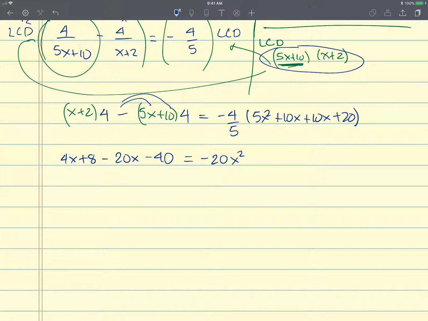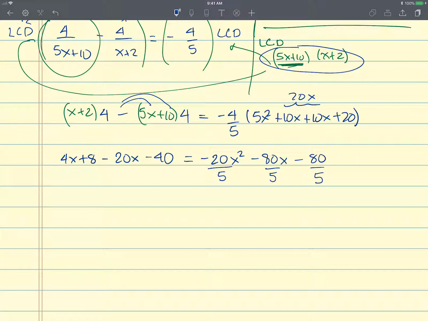These become about 20x, so times a negative 4 gives you negative 80x, and negative 4 times that becomes a negative 80. All this is still divided by 5, so I multiply by 4 and everybody's still divided by 5.